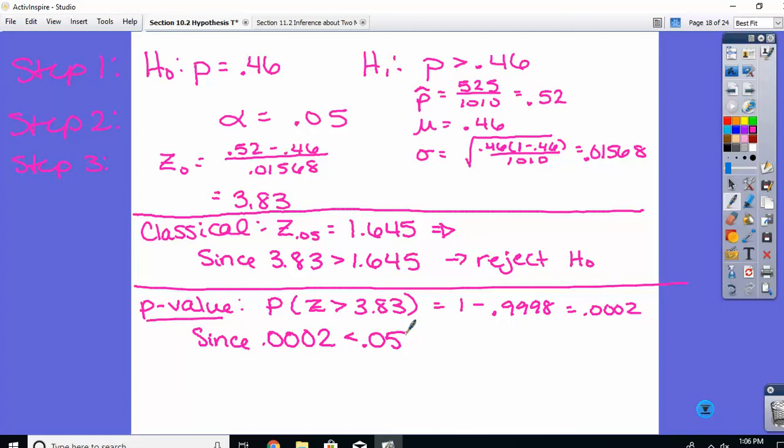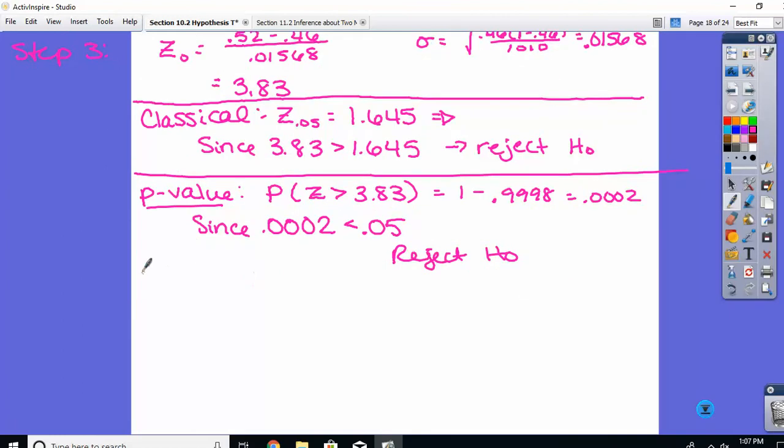So if that's true, this is extremely unlikely. So that would tell me reject the null hypothesis. So the bigger number you find in here, the better it is. Yes.